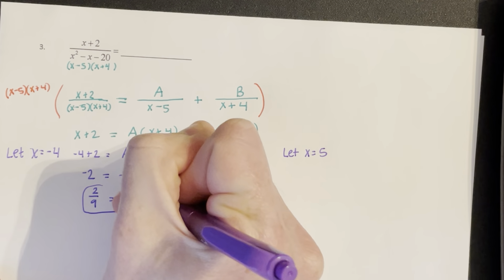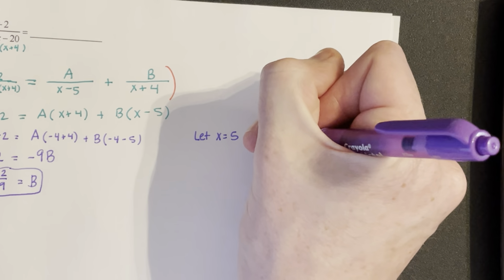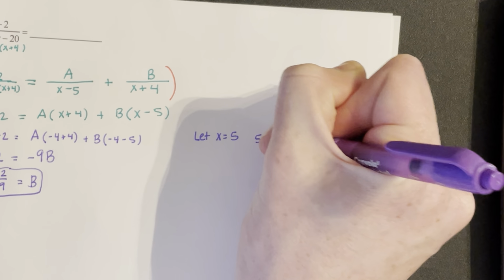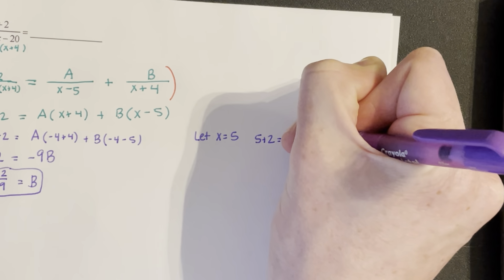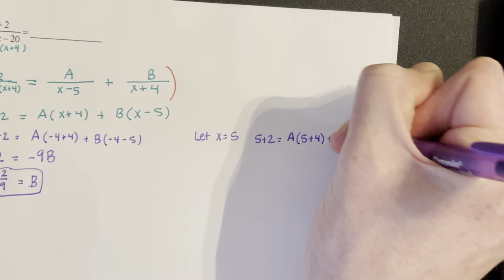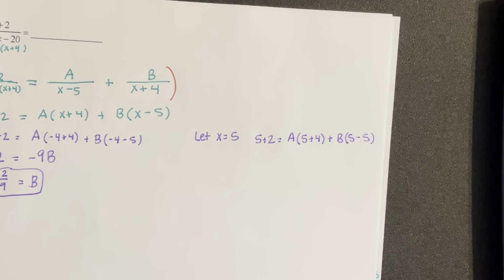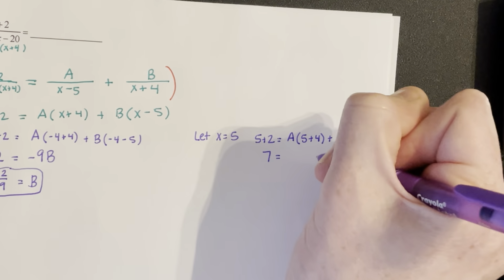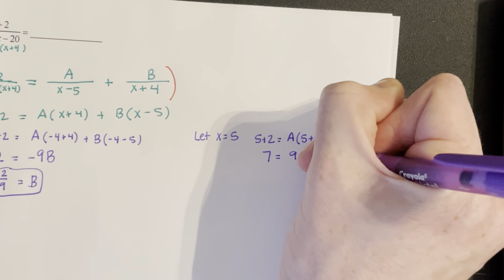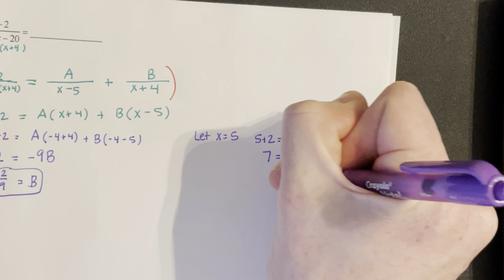So we'd have a fraction again. And then we do it again for when x is 5. So that'd be 5 plus 2 equals a times 5 plus 4 plus b times 5 minus 5. So 7 equals 9a plus 0. Divide by 9, I get 7/9.